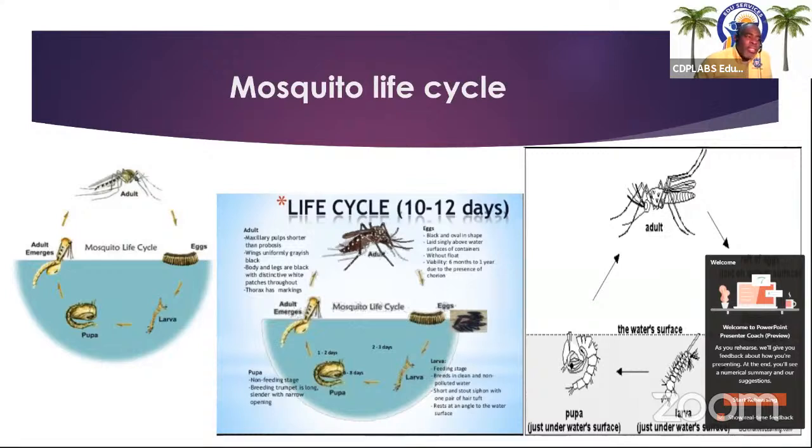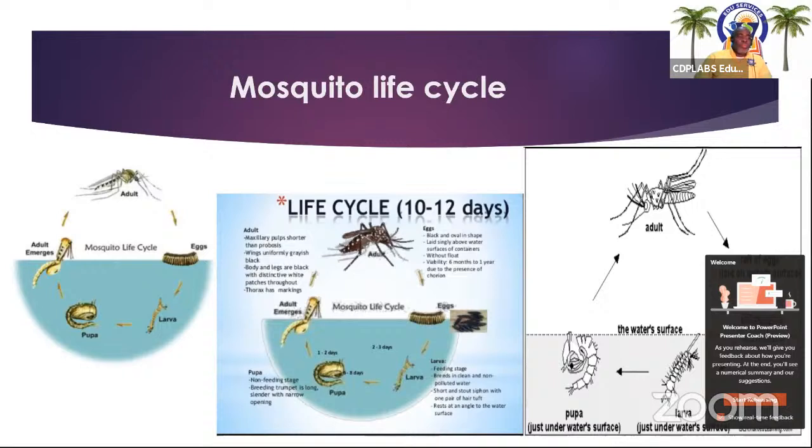This is why they tell you that you have to get rid of the water, because the water is going to contribute to the life cycle of the mosquito. So that's why they say you must throw away the water. Don't have your containers catching water and then settle, because it's going to contribute to the reproduction of mosquitoes.